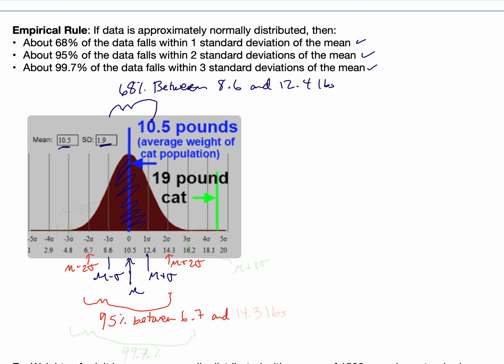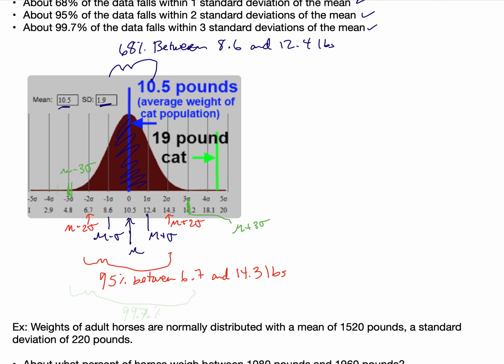And then, if we go one more standard deviation out, to the mean plus 3 standard deviations and the mean minus 3 standard deviations, then almost all of the data is within that range.